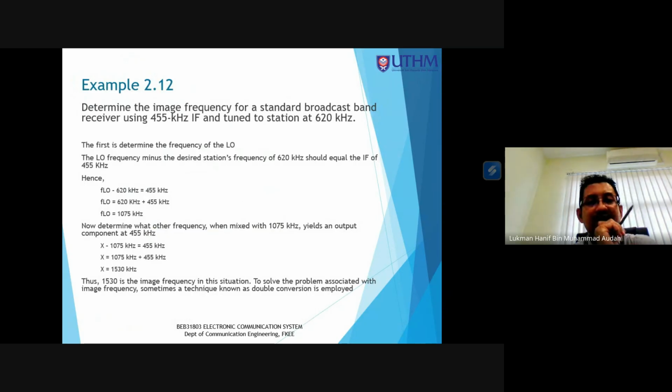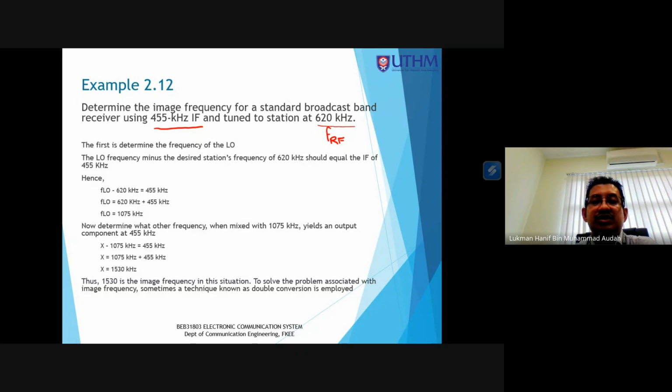So the first example here: determine the image frequency for a standard broadcast receiver using 455 kilohertz IF frequency tuned to 620 kilohertz. So this is the FRF, the radio frequency that we want to listen to.